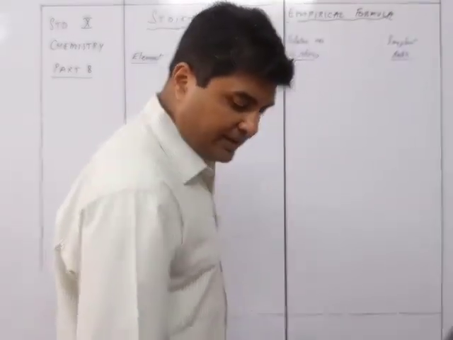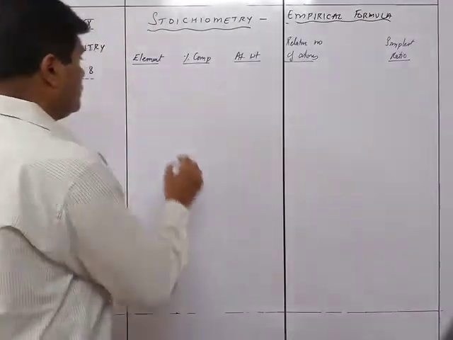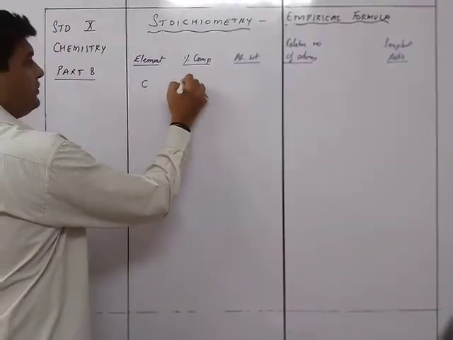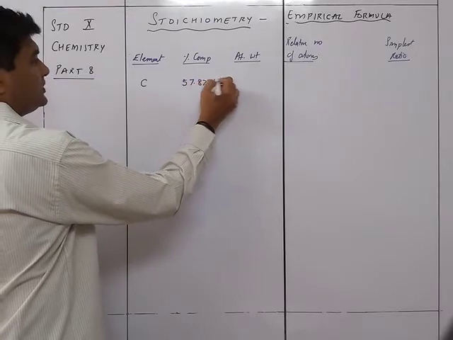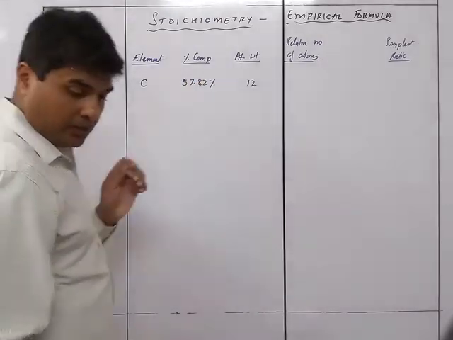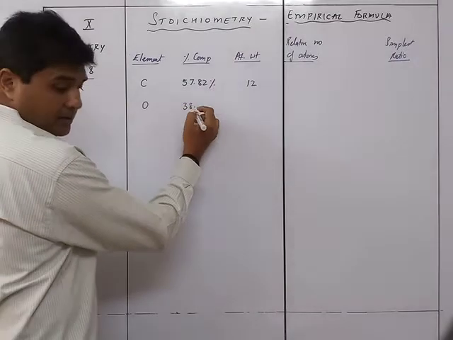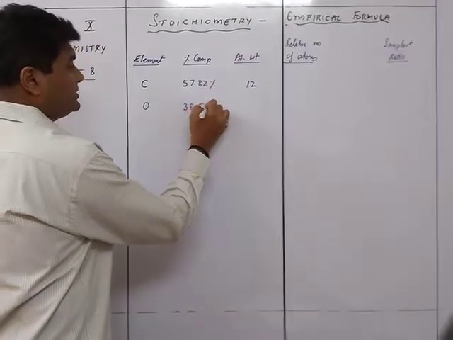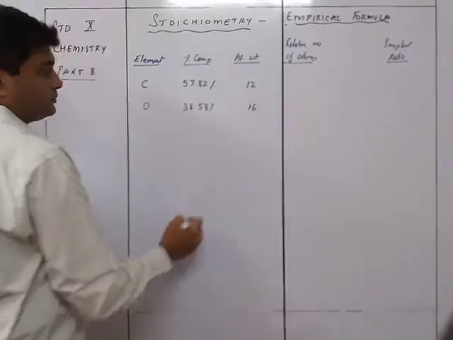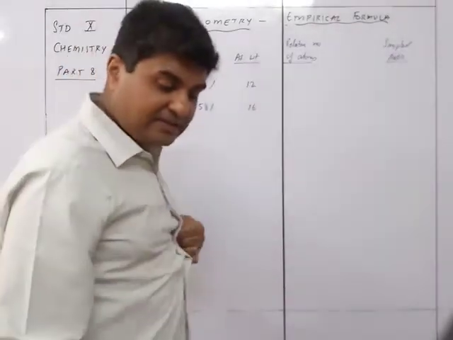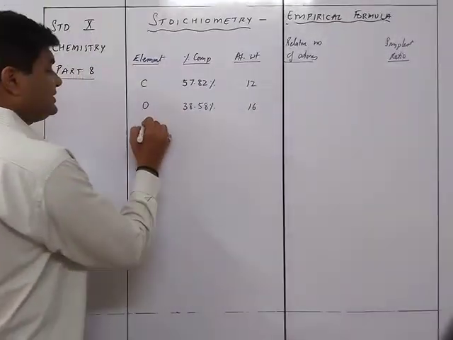So carbon is 57.82%, having mass 12. Oxygen is 38.58%, which is 16. Okay, and the rest is hydrogen. They have given that the rest is hydrogen.